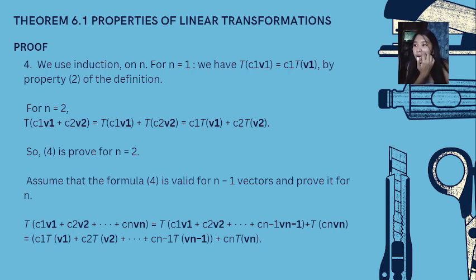So now we can assume that this formula 4 is valid for n minus 1 vectors and prove it for n.